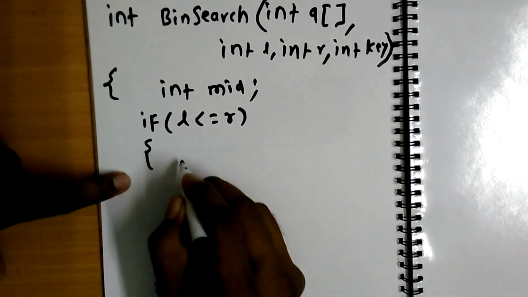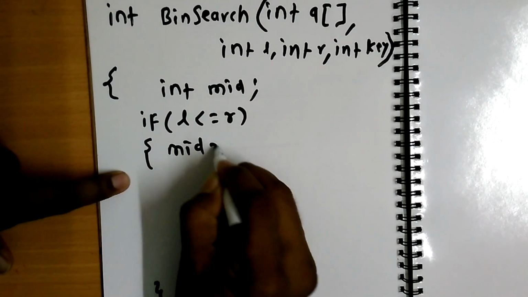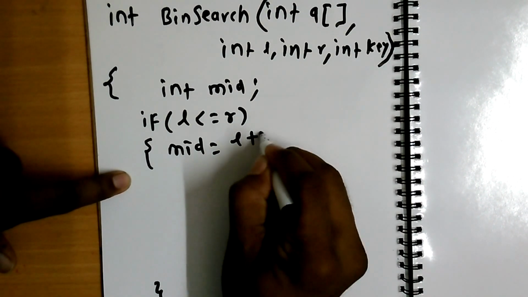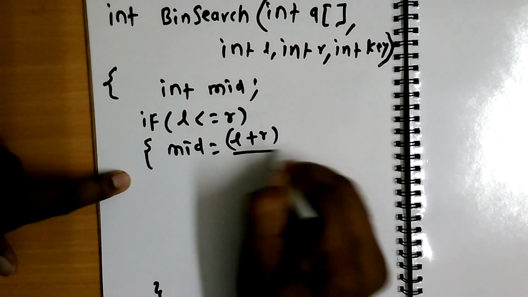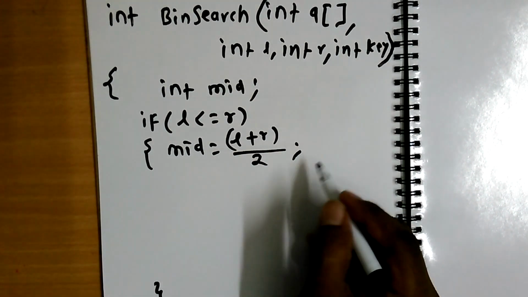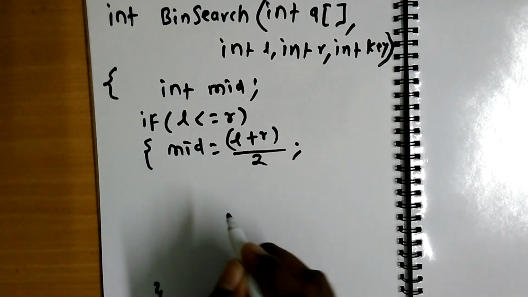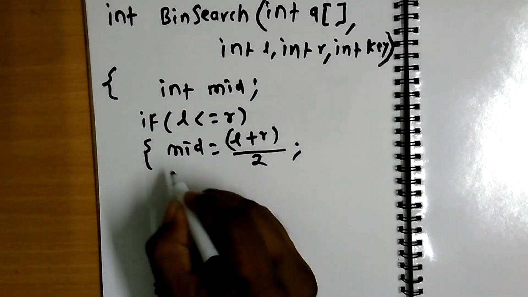The first thing we'll do is calculate the mid position of the array. Mid is equal to left plus right by 2. So we'll get mid, and then we'll check the number to be searched, that is key, with mid.